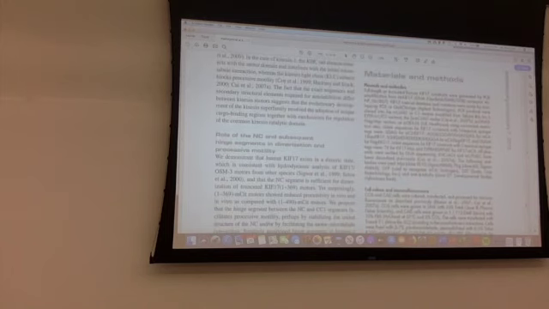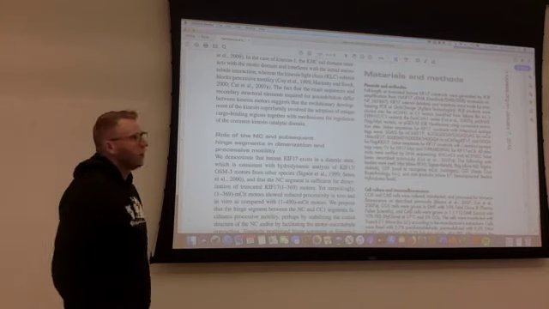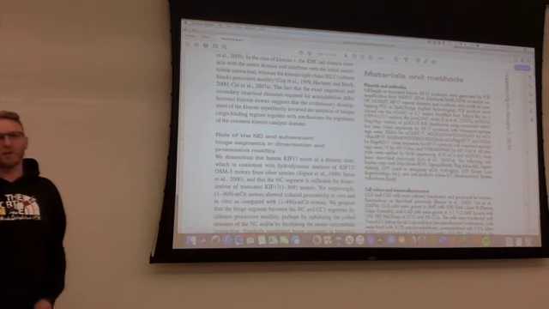So here's the materials and methods section of this particular paper, on the right-hand side here. Just take a second. You do not need to know what they did in this paper, but just look at this first paragraph for structure. So what do you see structurally in this first paragraph?